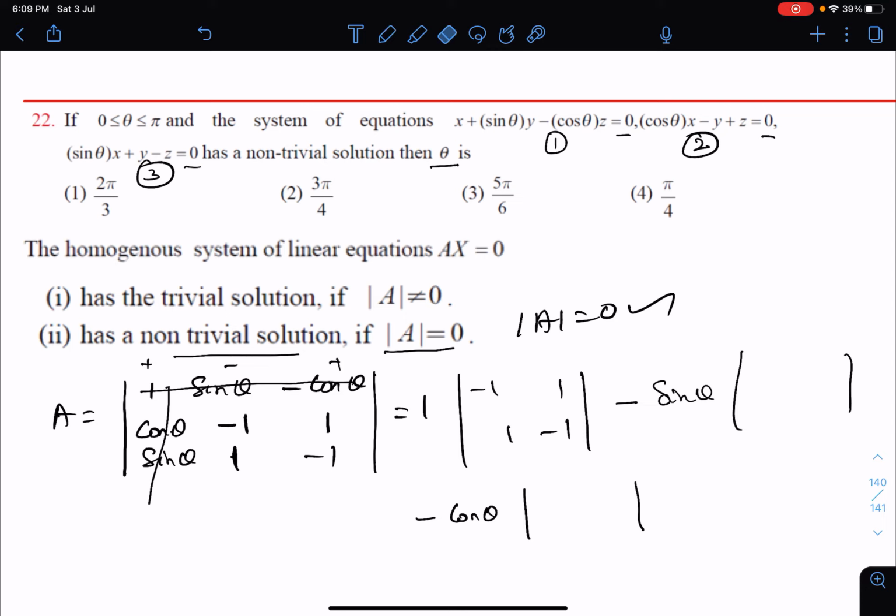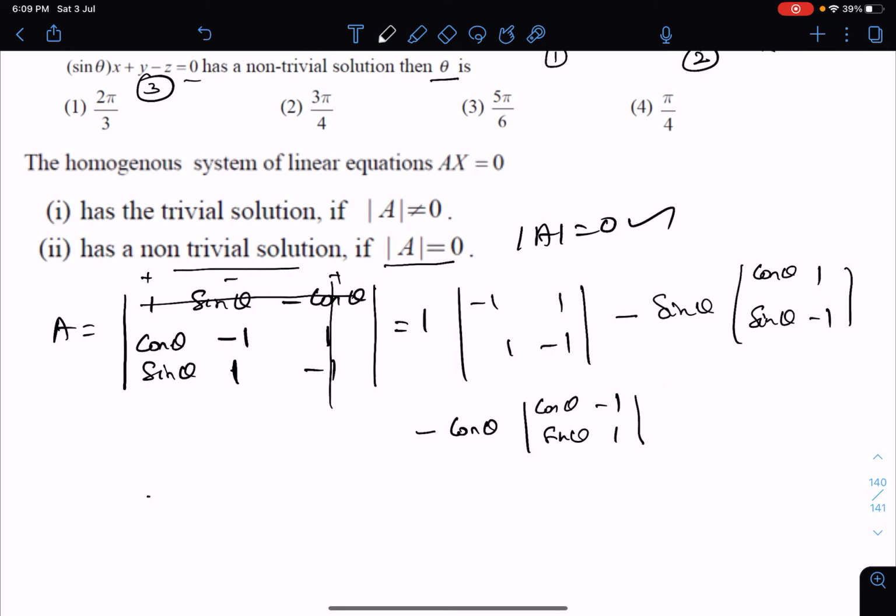Now deleting our second column, you will get the minor as cos theta, 1, sin theta and minus 1. Now going to our third column, you will get the minor as cos theta, minus 1, sin theta and 1.